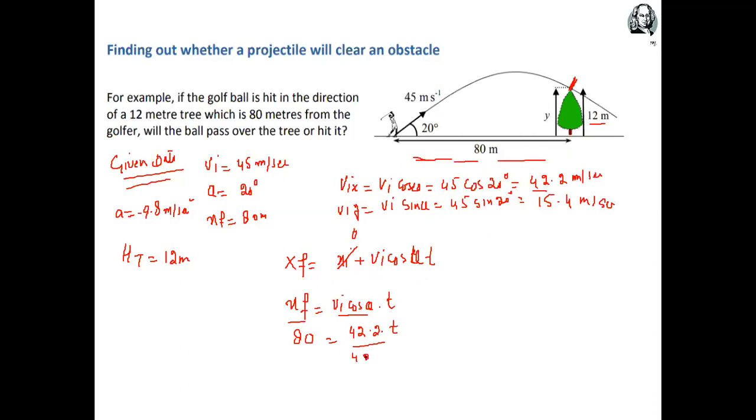Divide both sides by 42.2, and time is equal to 80 divided by 42.2, which equals 1.89. So I will write 1.9 second.